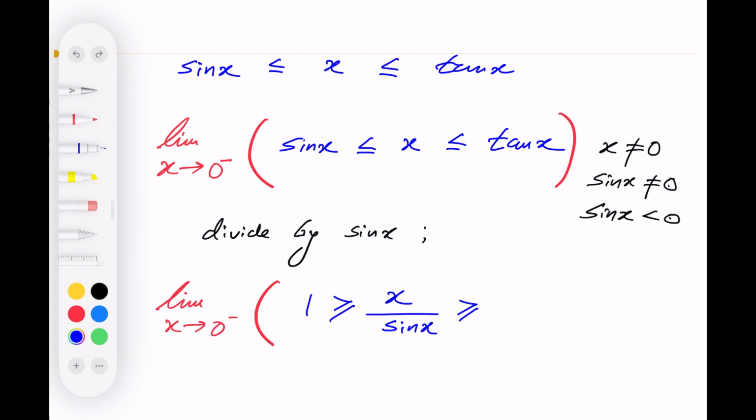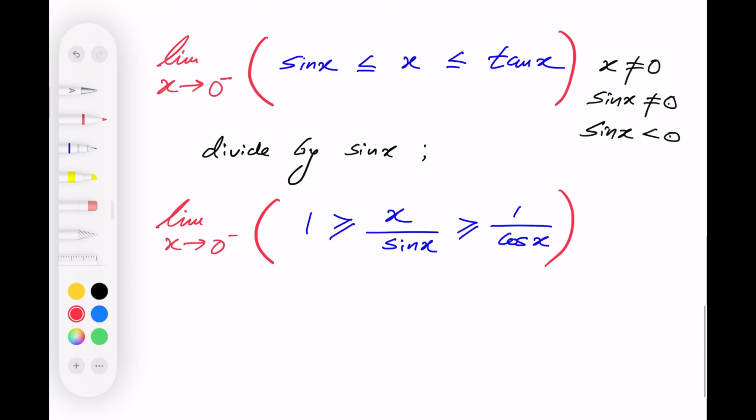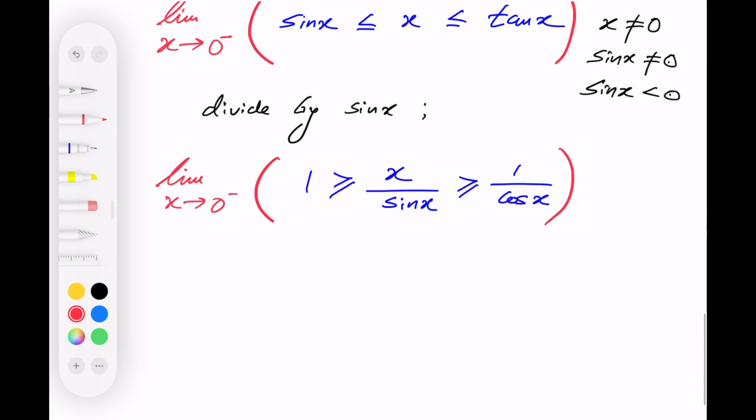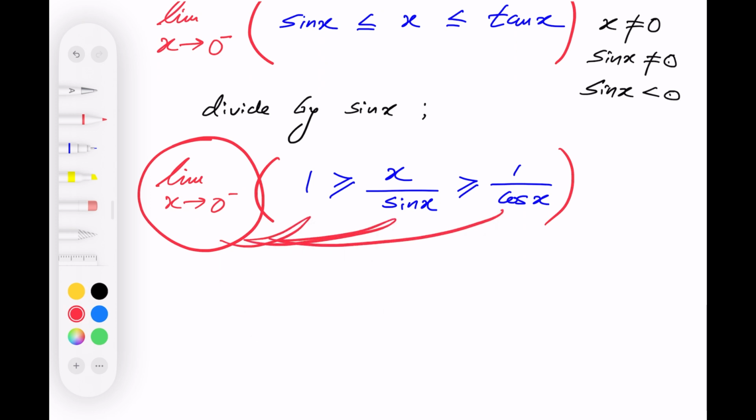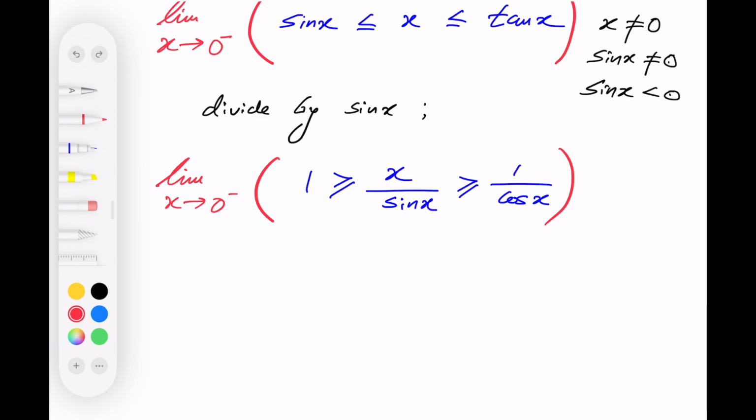Once again, since tangent x is equal to sine x over cosine x, tangent x divided by sine x should be equal to 1 over cosine x. Let me close the parenthesis. Now I'm going to distribute the limit x approaches to 0 from the left hand side into each of these three pieces of the inequality. When I do so, we get limit x approaches to 0 from the left hand side.